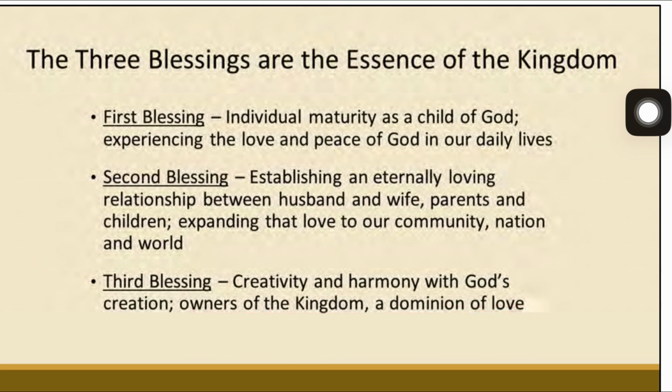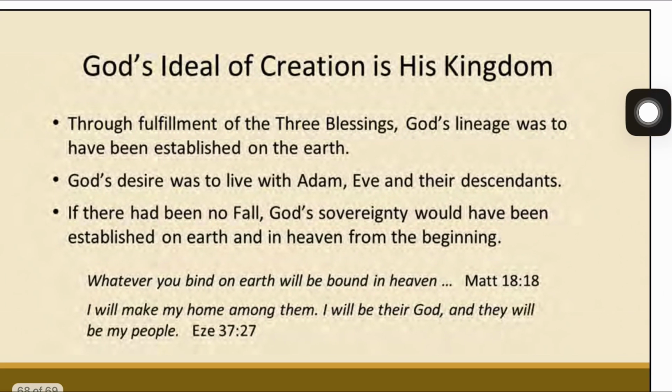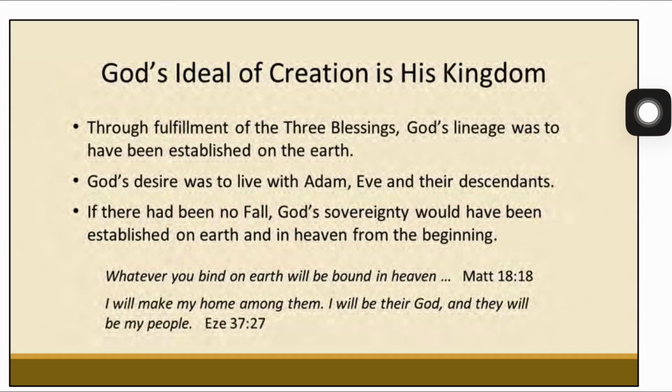So those are the three blessings that God gave to the first man and the first woman when He created Adam and Eve. And since God is eternal and unchanging, that blessing is still true until now. So this is also our blessing. Each person also has this blessing to be fruitful, multiply, and have dominion.